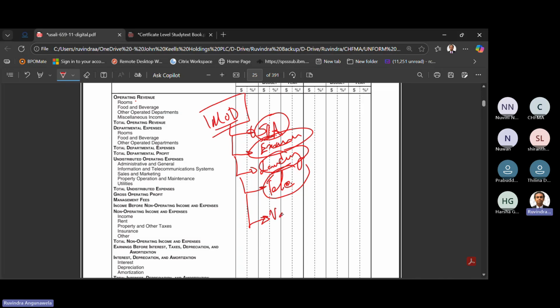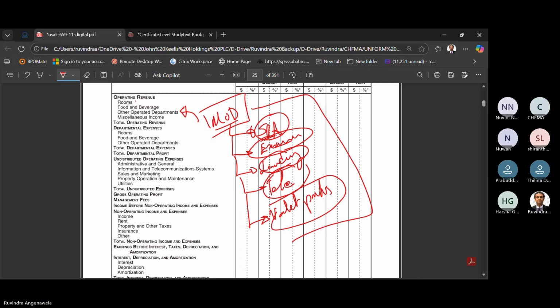Sometimes valet parking, if charged to the guest, then it becomes a revenue generating department, and therefore it's considered as a mine operating department. So all these are mine operating departments which contribute to revenue. So the revenue generated from these MODs, or mine operating departments, is captured under other operated departments.